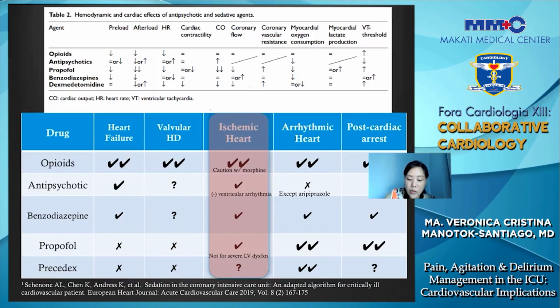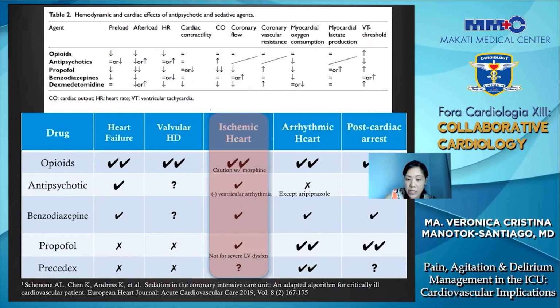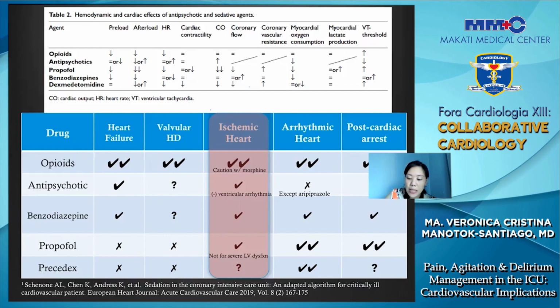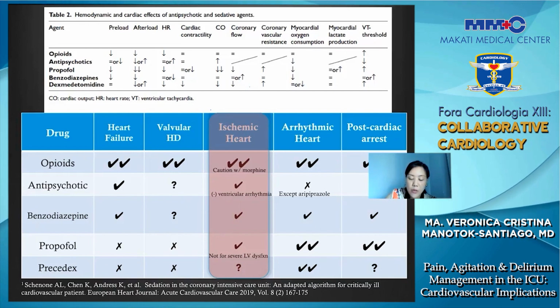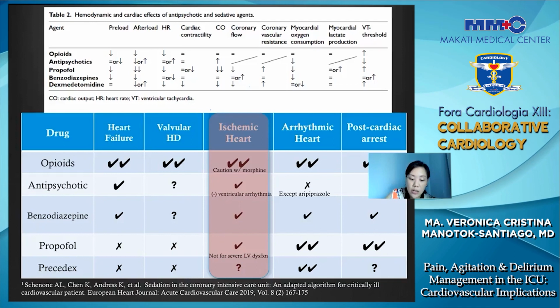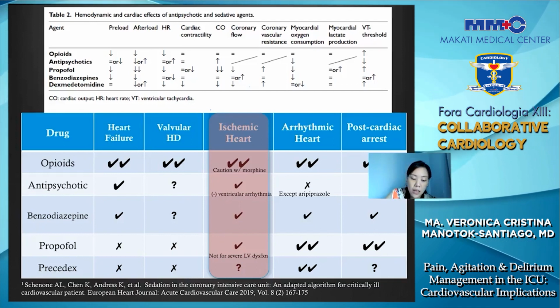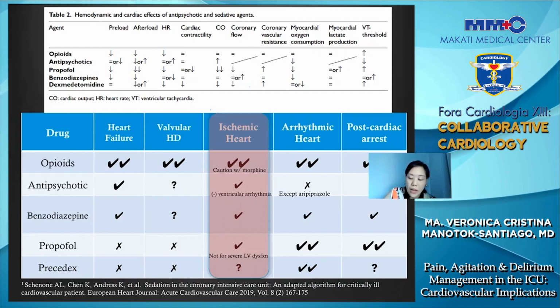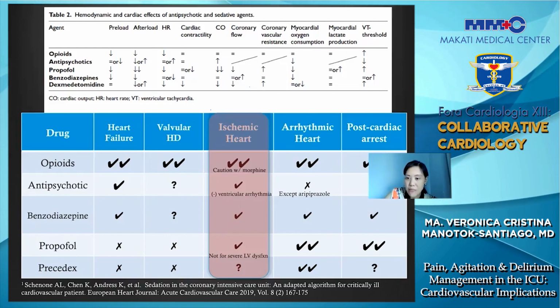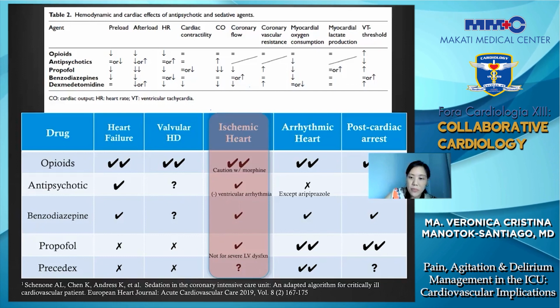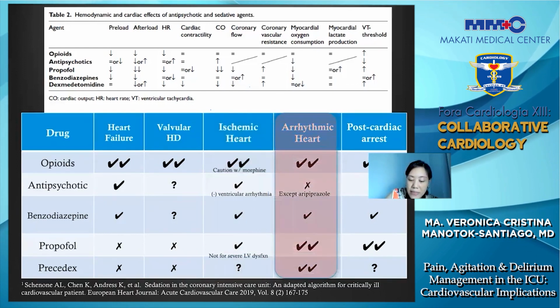Antipsychotics are best avoided when there is high risk of ventricular arrhythmia, and propofol can be used except when there is associated cardiogenic shock or acute heart failure or a massive ischemic heart problem, for which benzodiazepines might be the safer option.